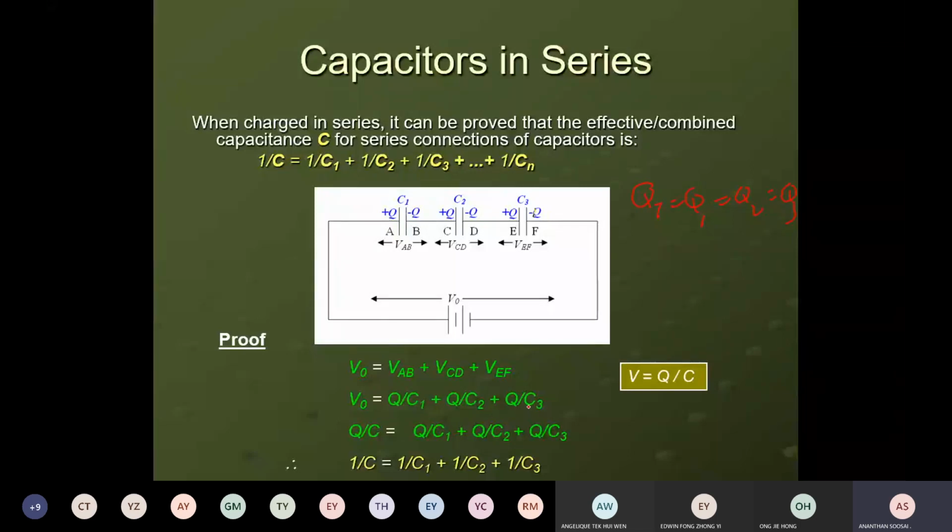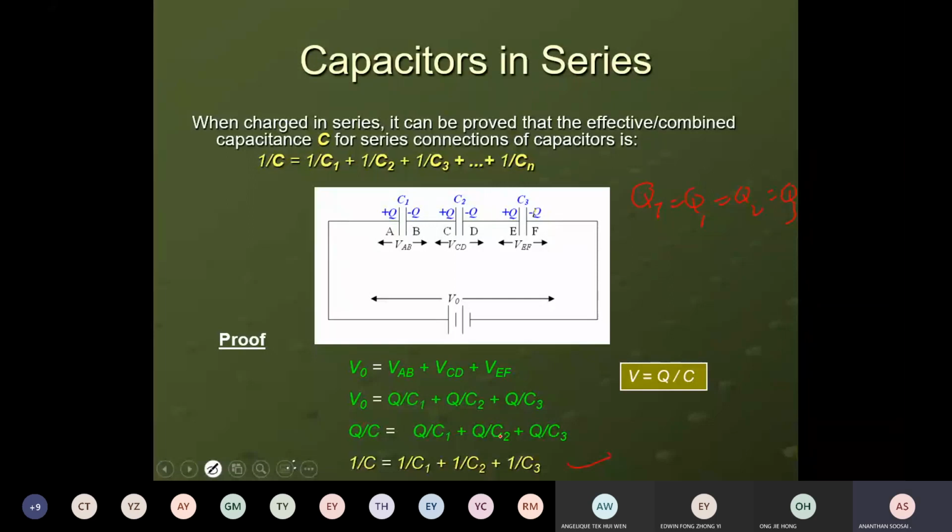V naught is going to be Q over C total. Because the charge is the same, we cancel all the charge, so you get the total capacitance formula. In series, the formula is 1 over C total equals 1 over C1 plus 1 over C2 plus 1 over C3. It's the opposite of the resistance law. Resistance in series is all added for total resistance, but capacitor is 1 over.